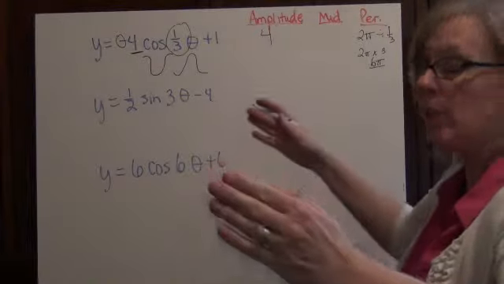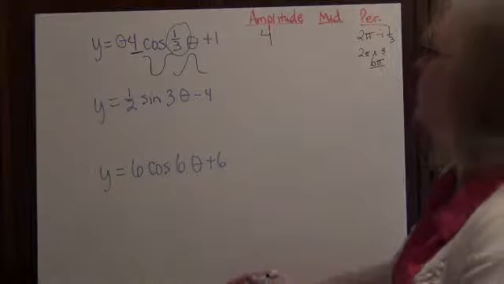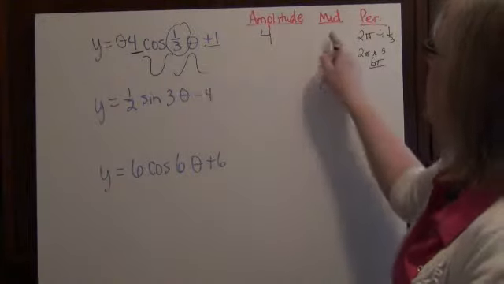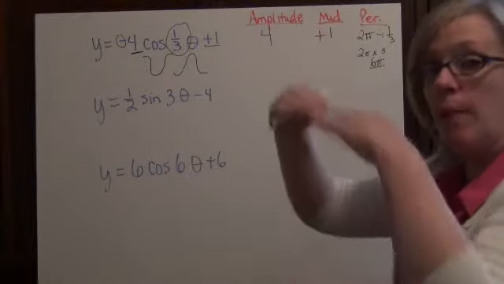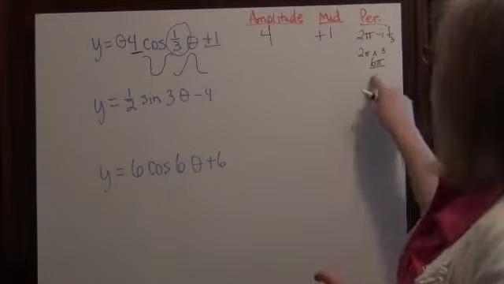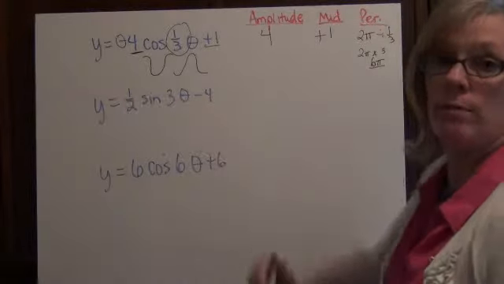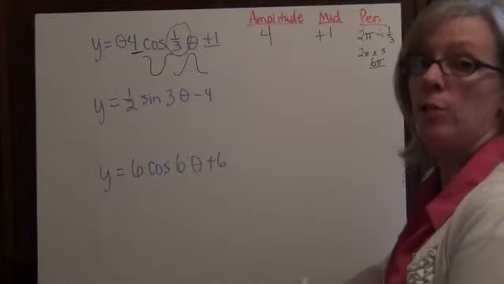So it's sort of stretched out. Instead of 2 pi, it takes 3 times more space to do one cycle. And this +1 means my midline has moved up 1. So I have a graph that has moved up 1, and then it's 4 times steeper, and its period is stretched out.